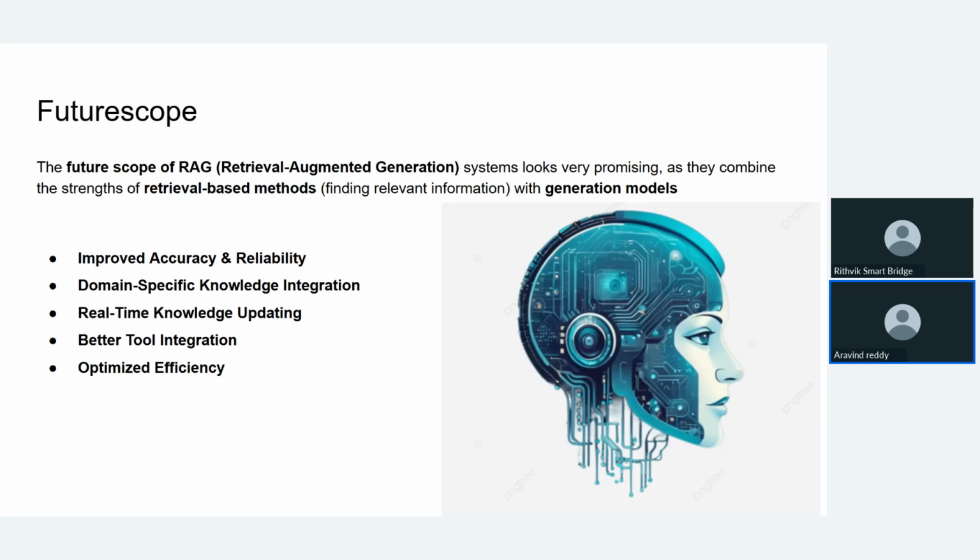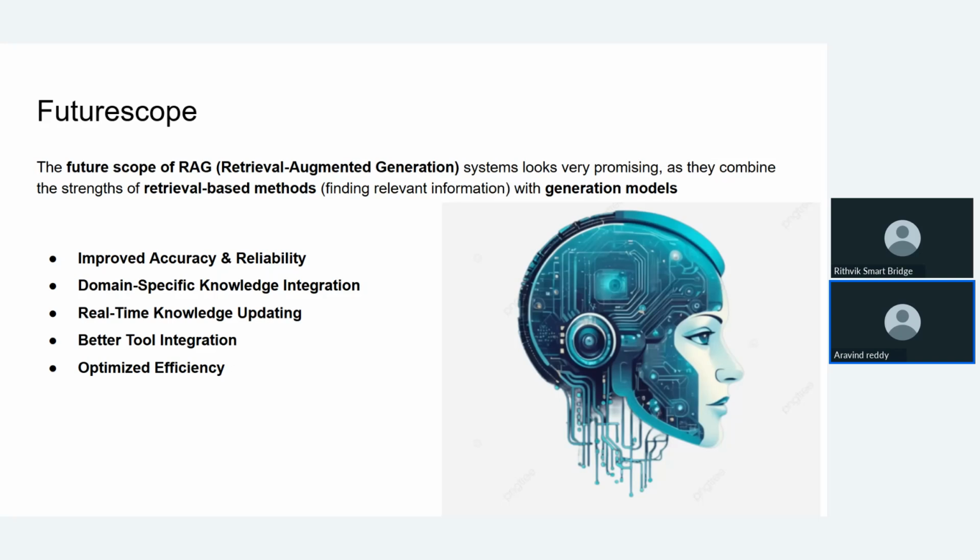Is everything clear, guys, about how RAG works and what steps we follow? Improving accuracy and reliability means we need to take care that we are getting the expected output or not.